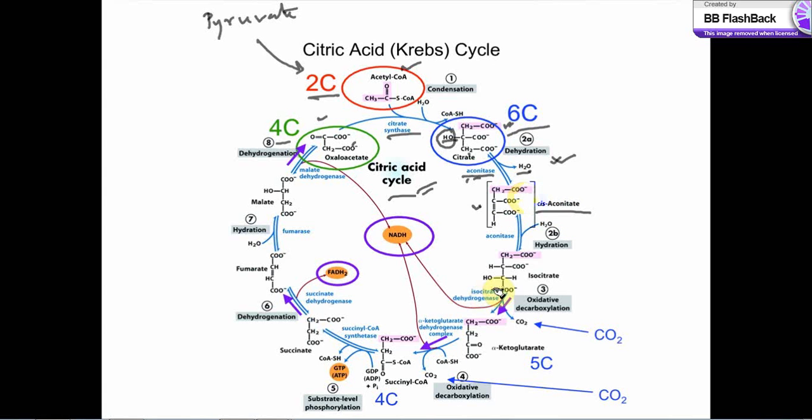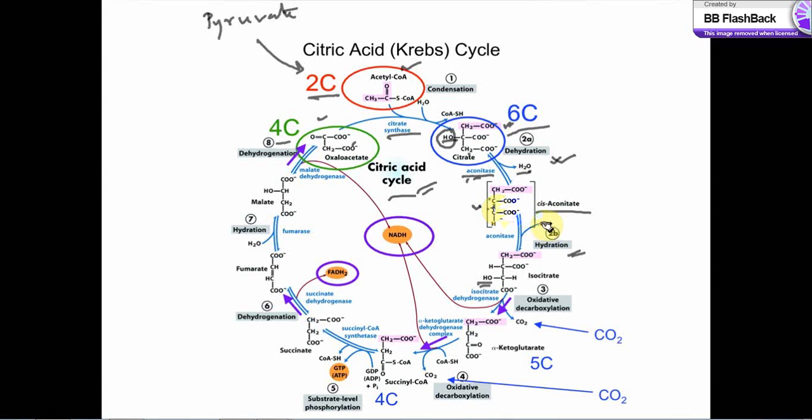Now again one molecule of water is added, and this time the hydroxyl group has been added to the second carbon. The double bond is between these two adjacent carbons.